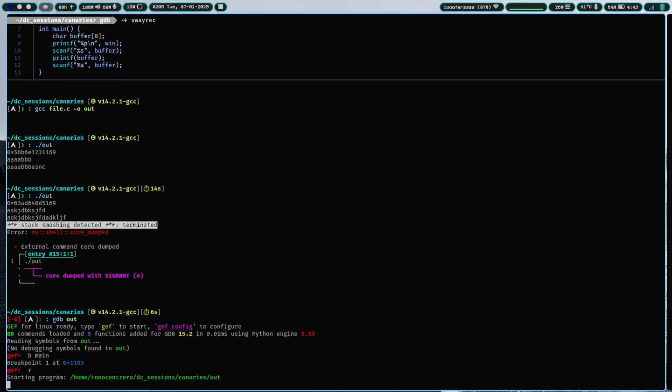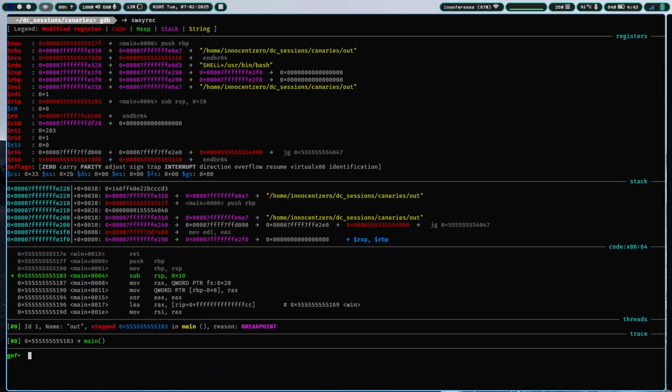So as you can see, this is the regular push RBP, move and sub. This is the stack frame business, and this is the canary. This is some special syntax that we're seeing for the first time. We'll do a little bit of history deep dive over here as well, but it's not relevant, so we'll do it a little bit later.